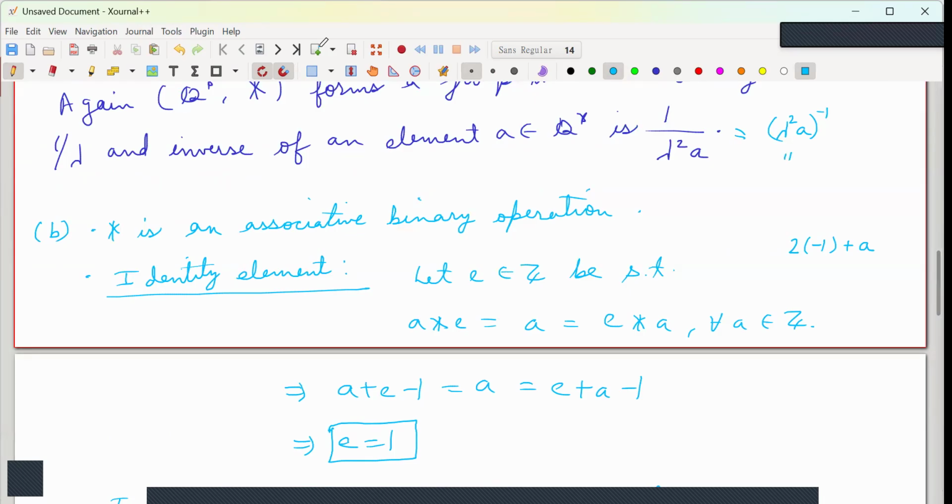In general, this is lambda star A, and then its inverse. So here our lambda is minus 1, star is addition. So this will be 2 minus A, and again star is addition, so plus A, and inverse means taking the additive inverse, that is minus, right? So this will be minus of minus 2 plus A, which will be just 2 minus A.